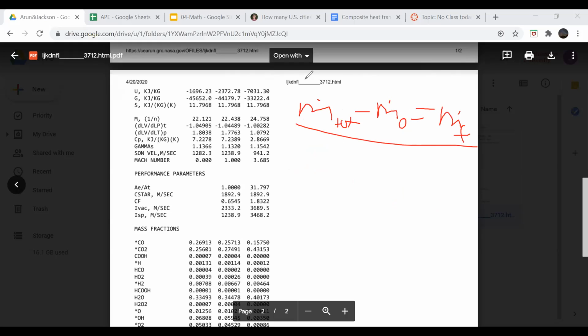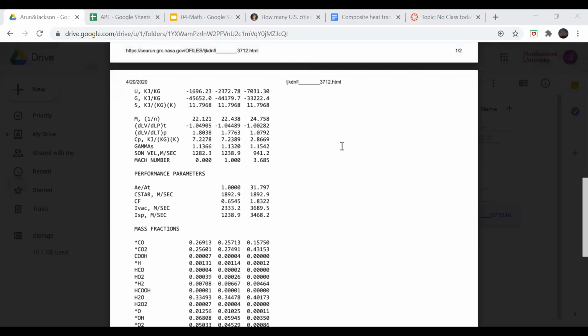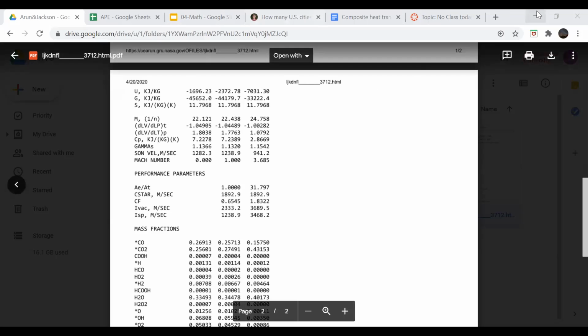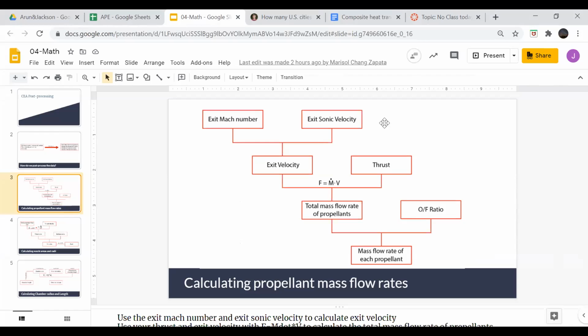Nice and simple, just like that. So that is how you get your mass flow rates of your propellants from the thrust and CEA outputs. Are there any questions on how we got there? I'm also going to go through the spreadsheet of the example engine and kind of show that math again.